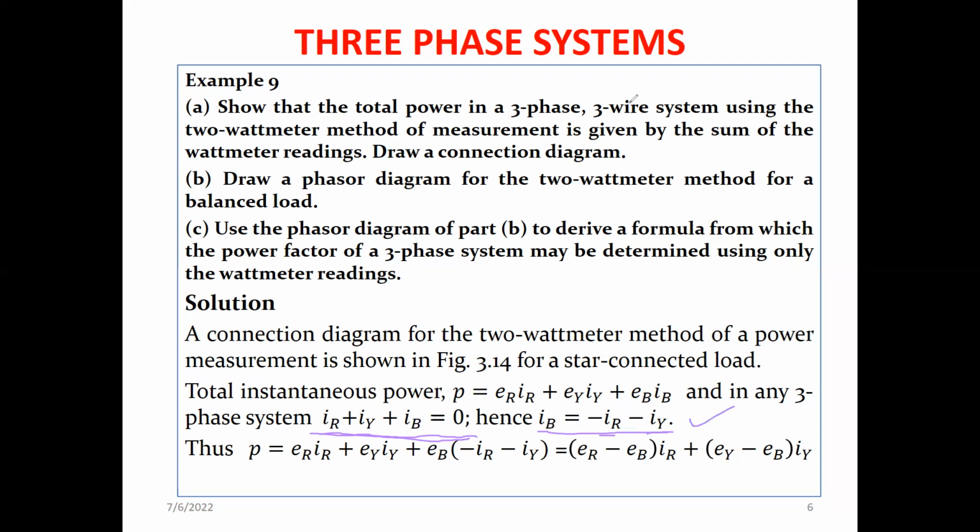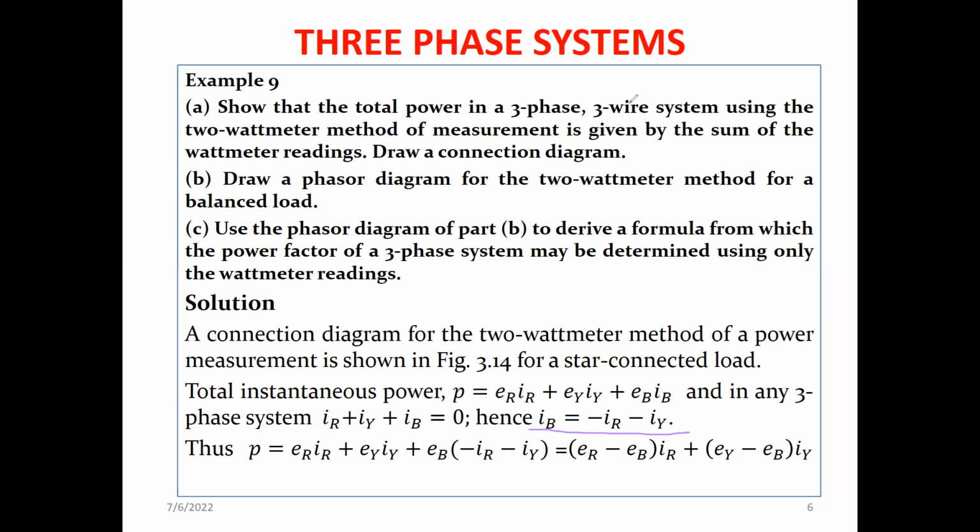So for the power, we replace the values. We had IB as minus IR minus IY.